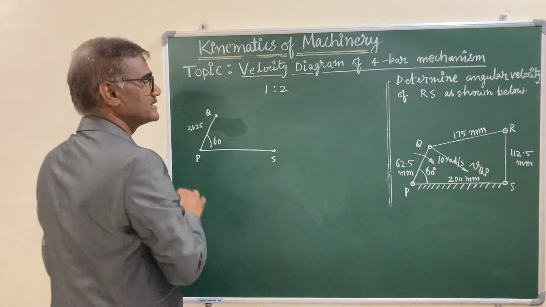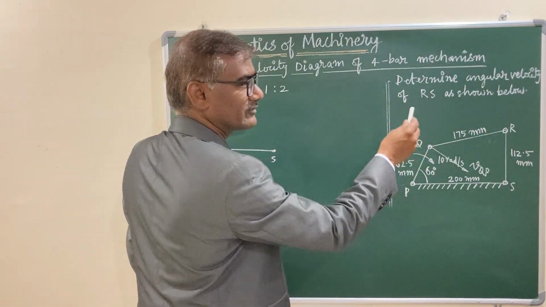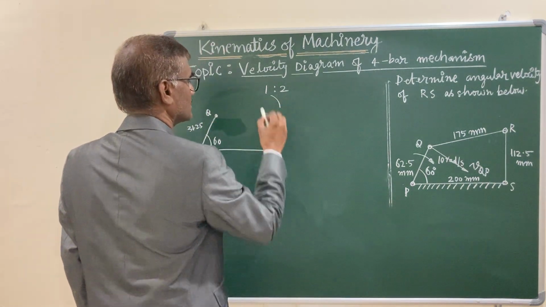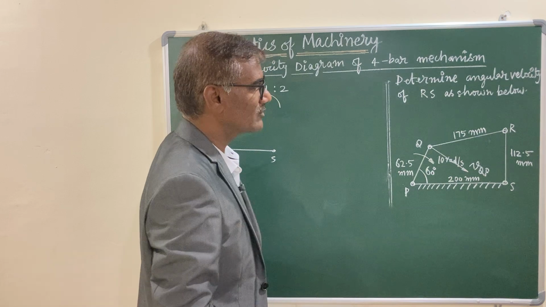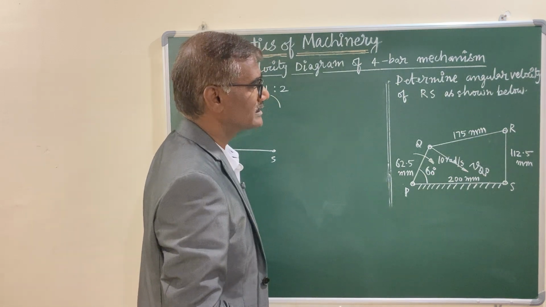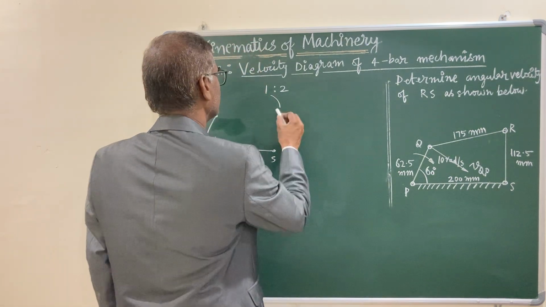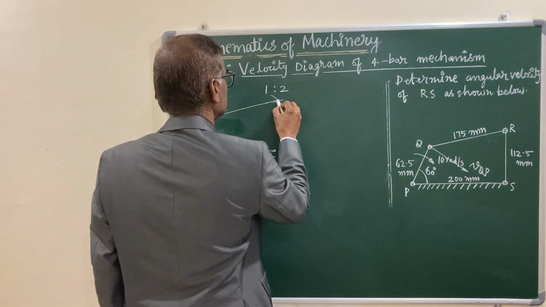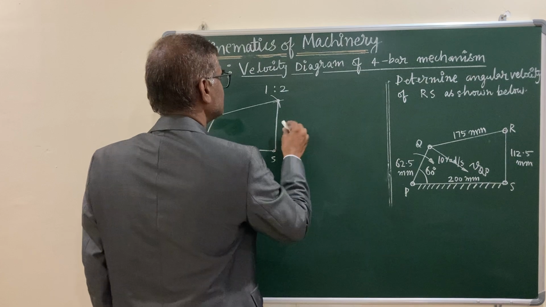With Q as center, 175 divided by 2, that is 87.5 mm, is the radius. Draw a circular arc, and 112.5 divided by 2, that is 56.25, as radius. Cut this so that you complete the configuration diagram to the scale.